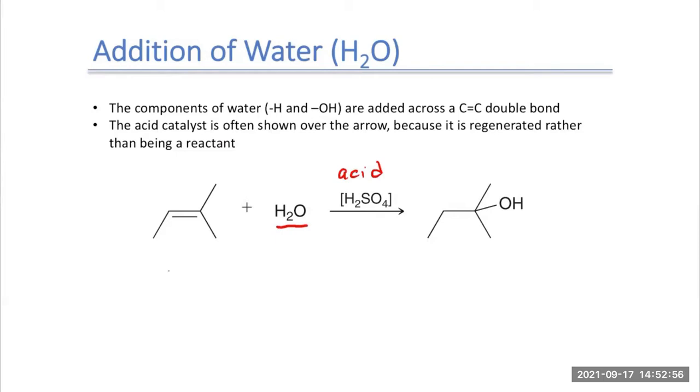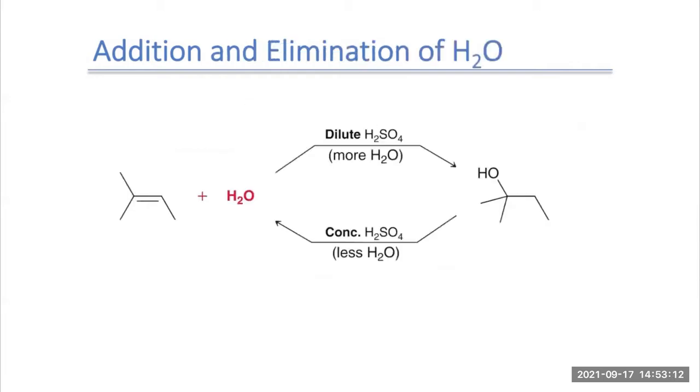But if you take your alkene, add your water, throw in a little acid catalyst, you get an alcohol. Now the acid catalyst, it depends how much you add. If you add too much and you have a concentrated acid, that can actually cause the reverse reaction to occur.